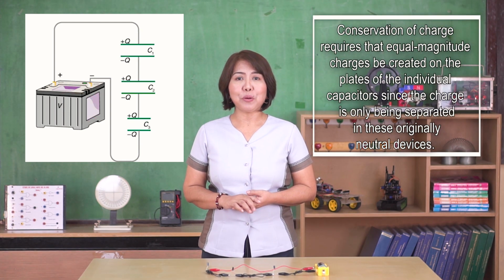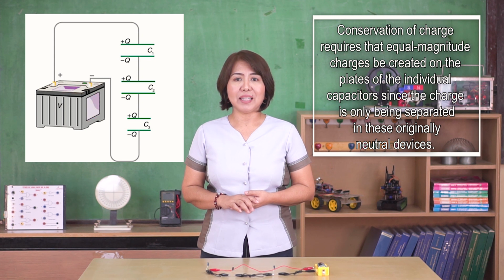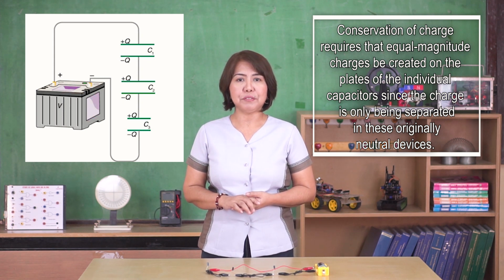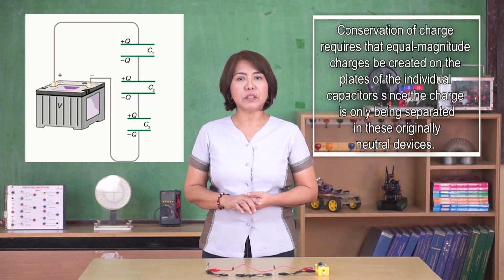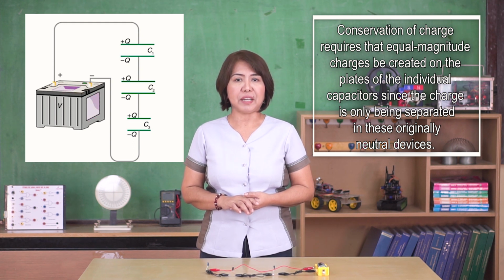Conservation of charge requires that equal magnitude charges be created on the plates of the individual capacitors since the charge is only being separated in these originally neutral devices.